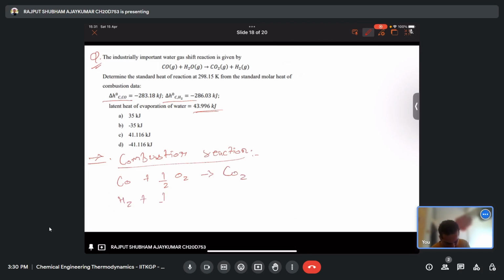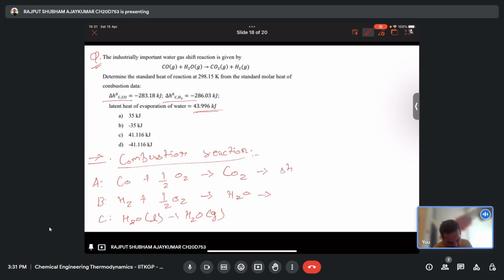B: H2 plus half O2 gives H2O liquid. And C: H2O liquid gives H2O gas.